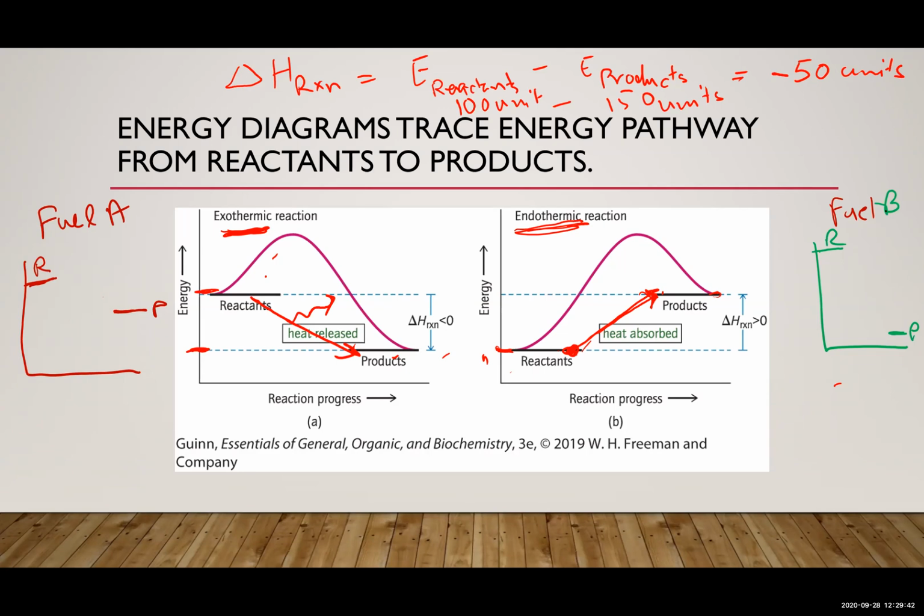Caloric value means the amount of heat released per unit of fuel burned. Which fuel is better, A or B, or are they the same? A is better. And what is your logic? Why do you think A is better? And don't worry, if you say B, I'll ask the same question again: why do you think B is better?